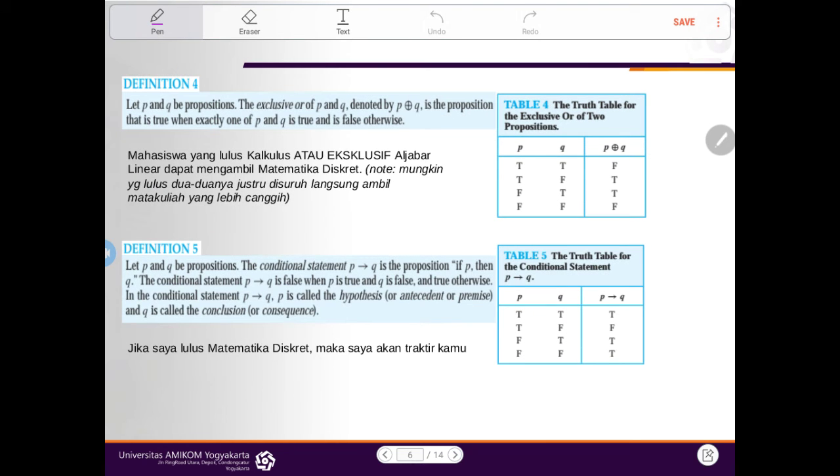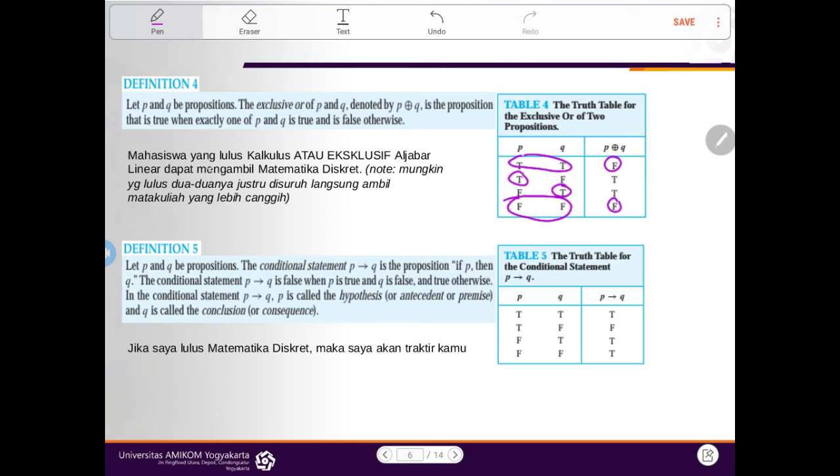And then the next is the exclusive OR. Exclusive OR is only true if only one of the statements is true. If both are true, it is false, and if both are false, it is also false. This is in logic we can explain.